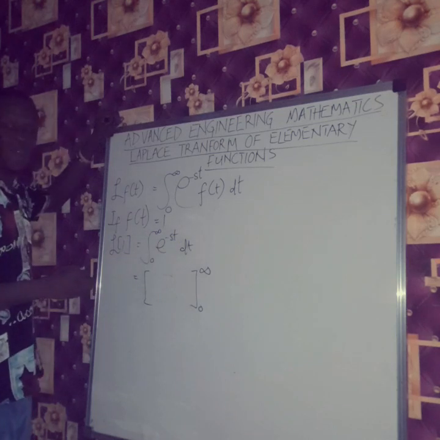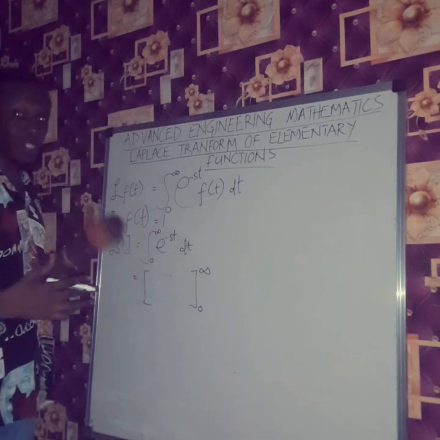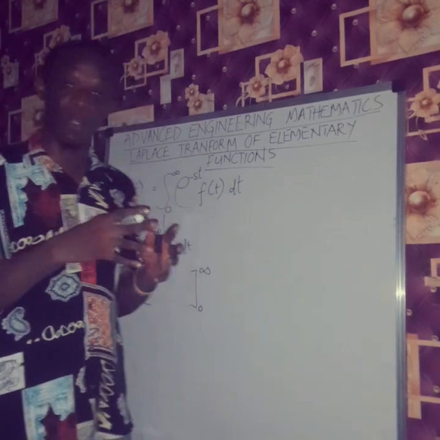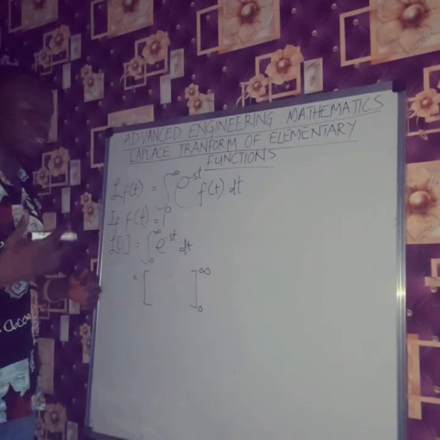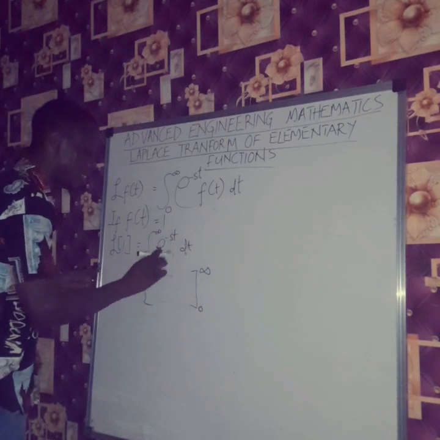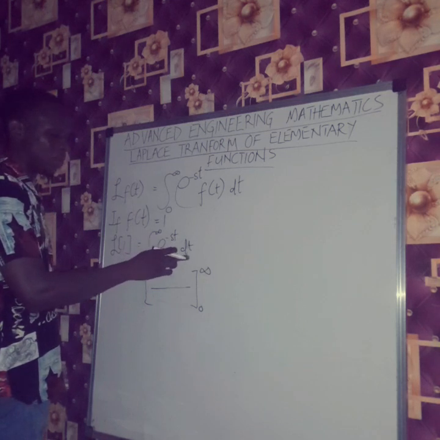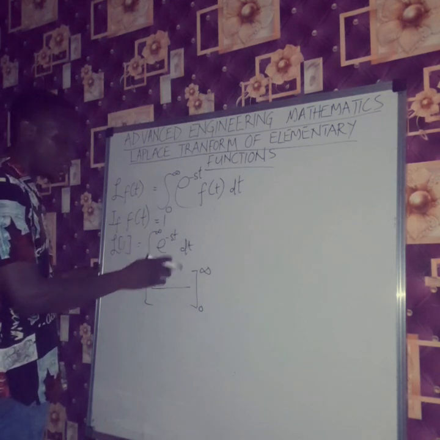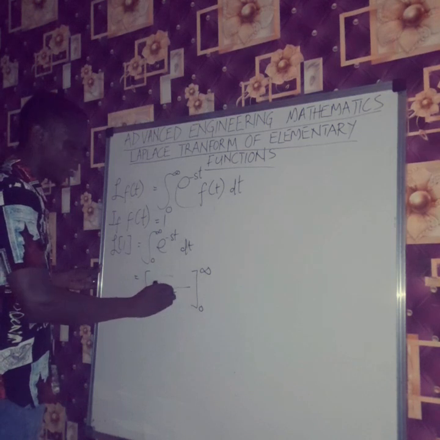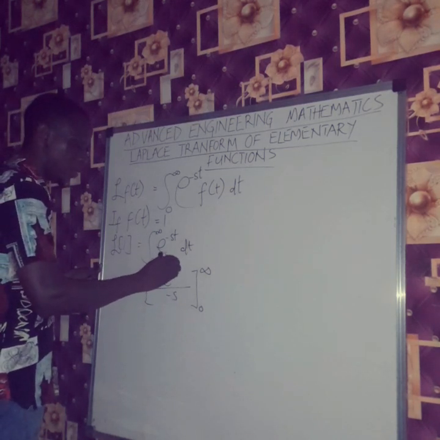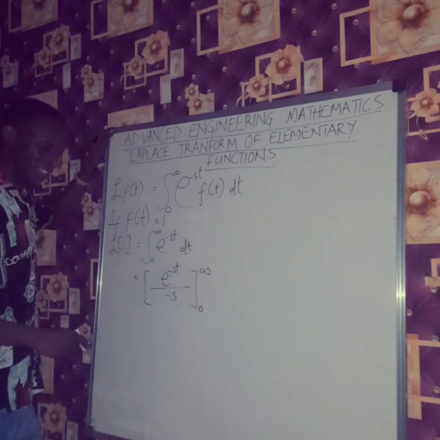When I differentiate it, I have minus s. That's why I say we are going to treat differentiation and integration under calculus later, so that everybody will be carried along. So when I differentiate this, I have it as a denominator. Differentiate minus st with respect to t, I will have minus s. Then this remains up here as minus e raised to the power minus st.